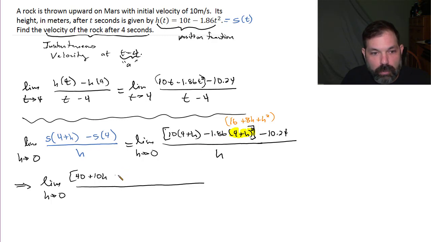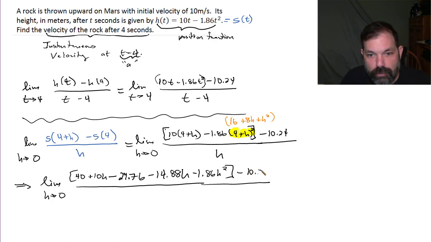All right, distributing the minus 1.86 to that, 1.86 times 16 is minus 29.76. 1.86 times 8 is minus 14.88h, and then a minus 1.86h squared.